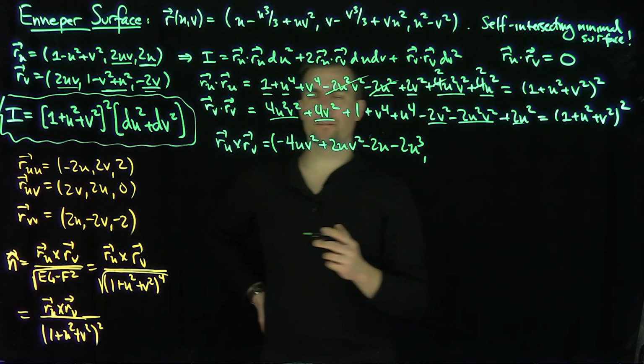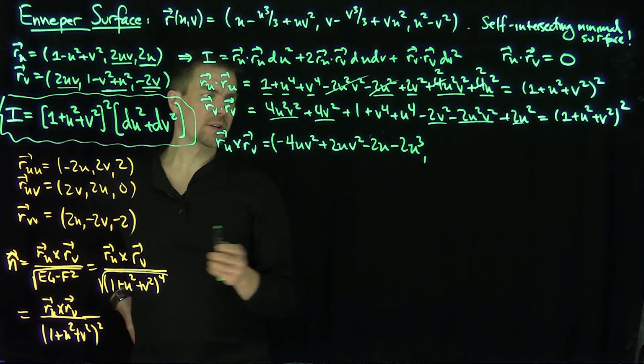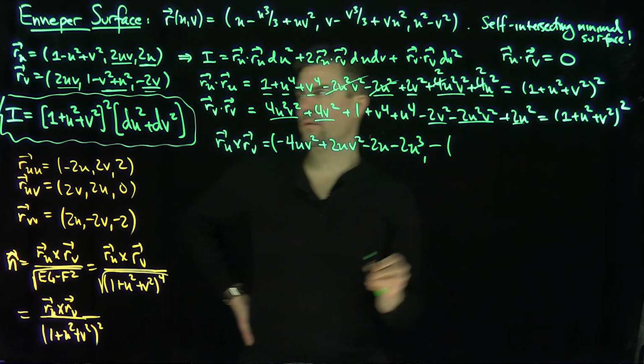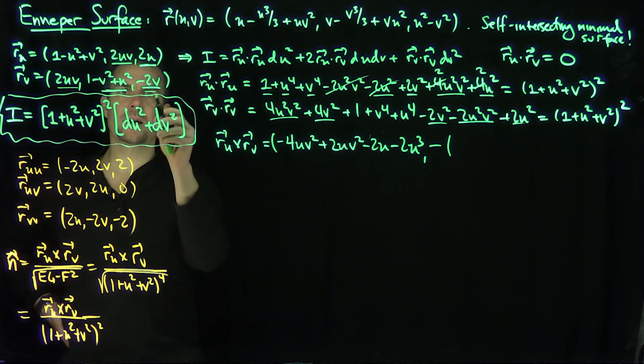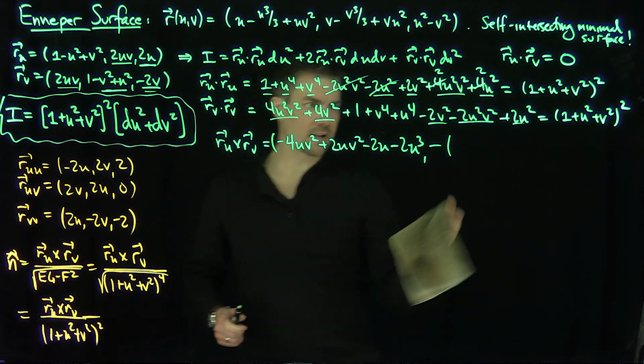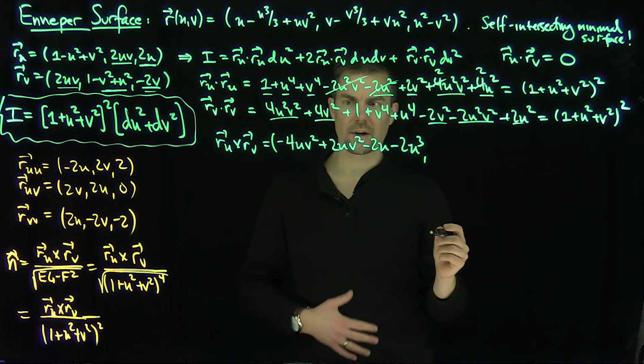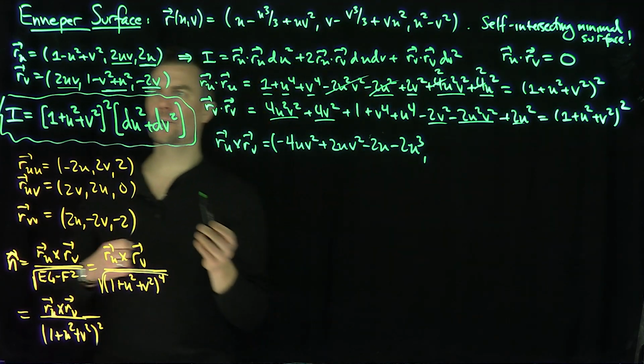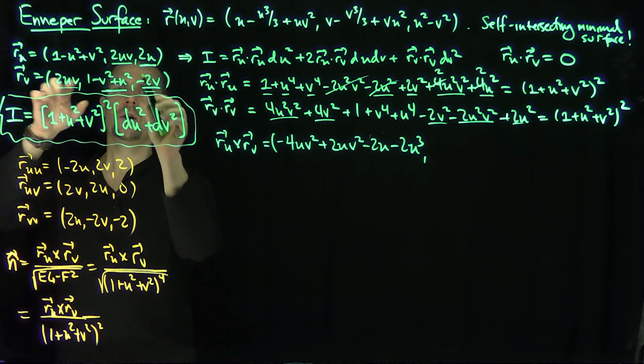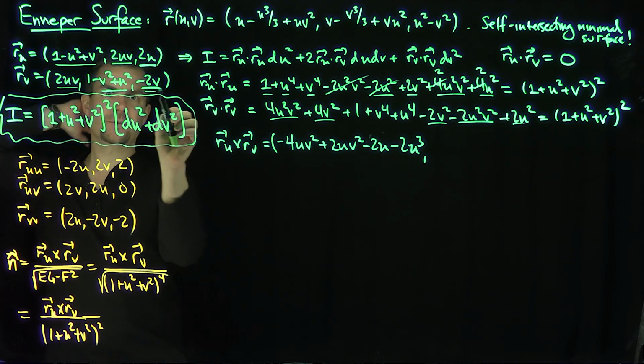What's my second entry going to be? Well, my second entry is going to be the negative of this whole expression over here. So let's do this negative of this thing. Let's actually do that negative and just do it by hand, right? So we'll simplify this in a second over here. Good. And so what are we going to have over here for the v entry? We're going to punch this out. So we're going to have this times this with a negative sign.